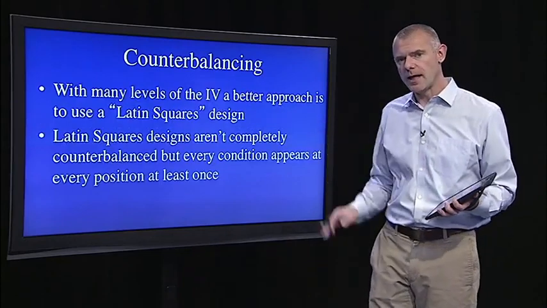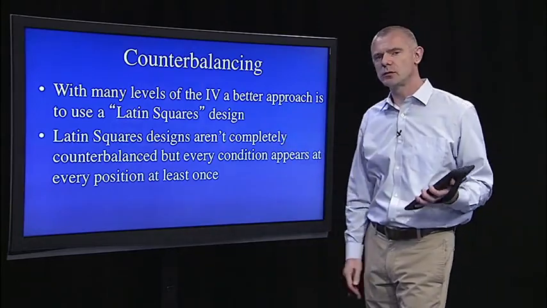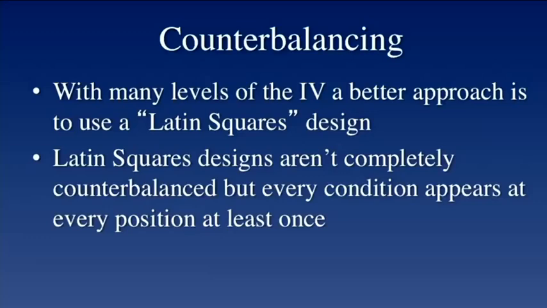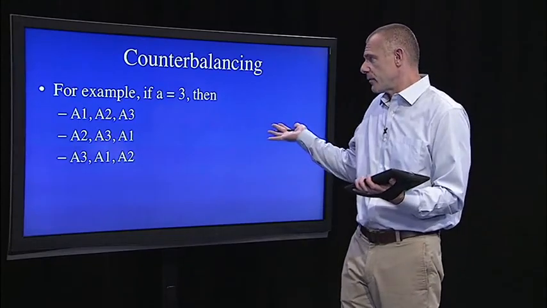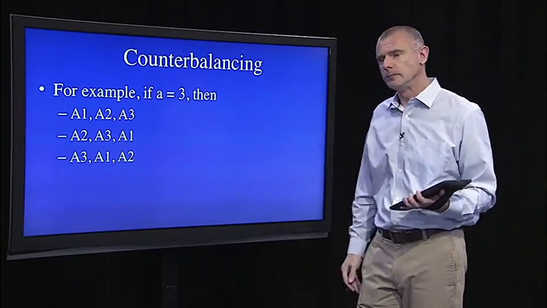So a classic approach in experimental design is to use what's called a Latin squares design. What that means is every condition appears in at least one position in the experiment. Let me show you an example. Say we have 3 levels of independent variable A. Here's one solution.